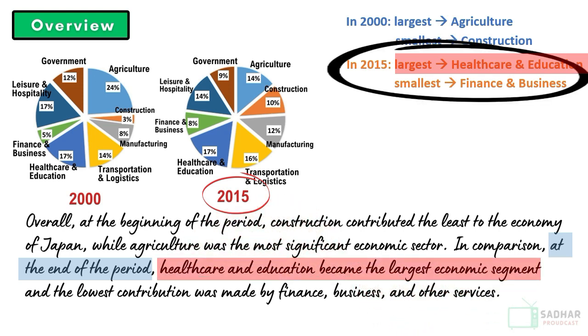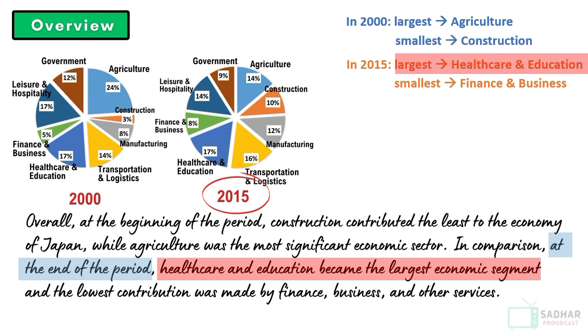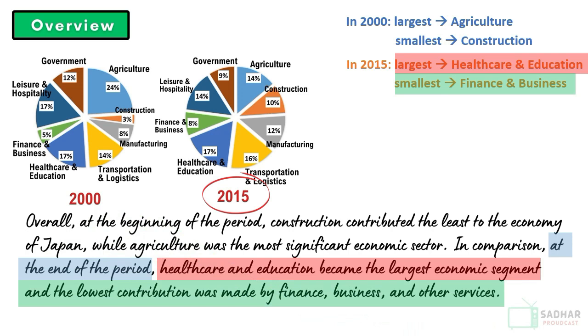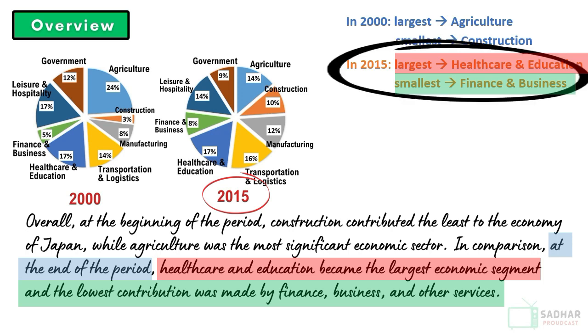So we can write healthcare and education became the largest economic segment. Not sector, but segment, just the same. And then the smallest sector is finance and business. So we can write, and the lowest contribution was made by finance, business, and other services.